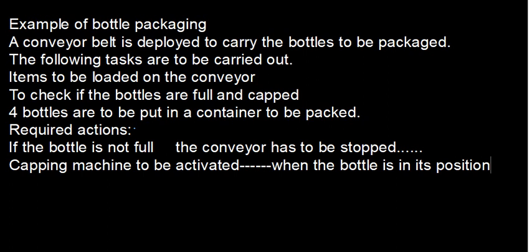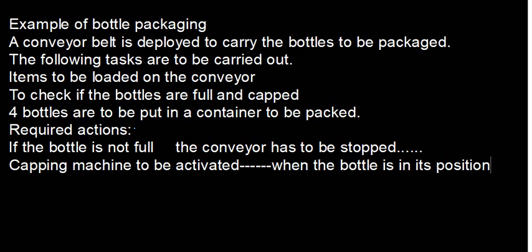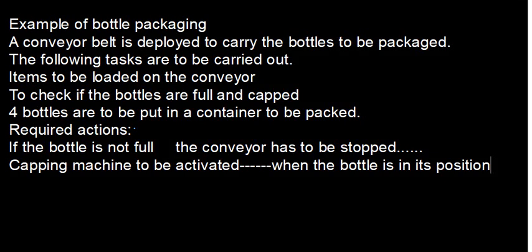Anyway, I will draw the diagram so that it will be more clear to you, because we basically represent an industrial scenario here. So whenever you have got a process control task, how exactly we would be able to write the program using the PLC, that's what we are trying to look at here. The capping machine is to be activated when the bottle is in its position.